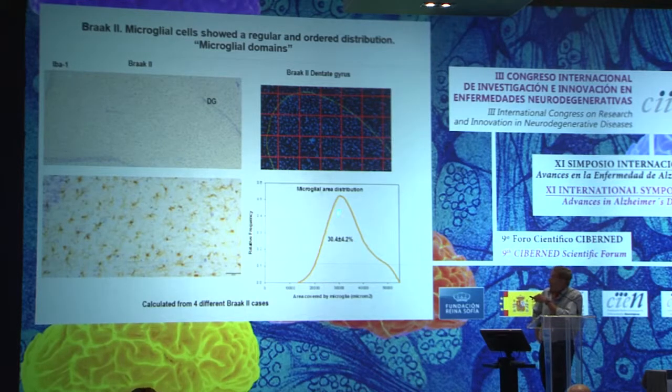This is the peak of this normal distribution at the dentate gyrus of the hippocampus. You can argue that maybe the morphology of the microglial cells in humans is different from models, and maybe these apparently resting cells are indeed activated cells.